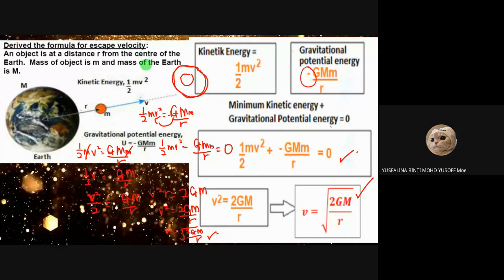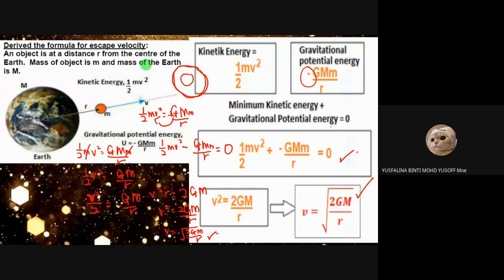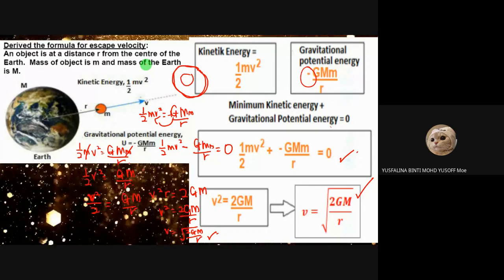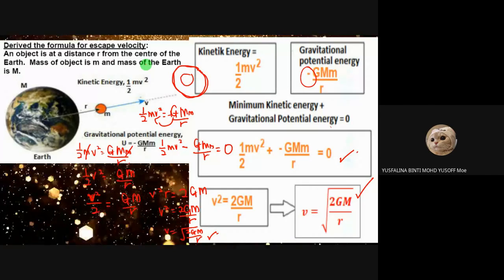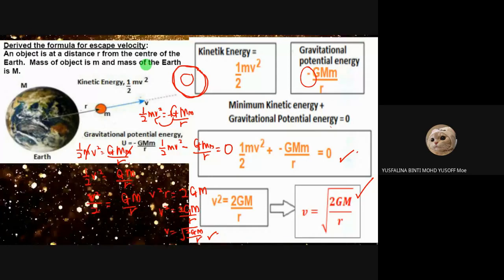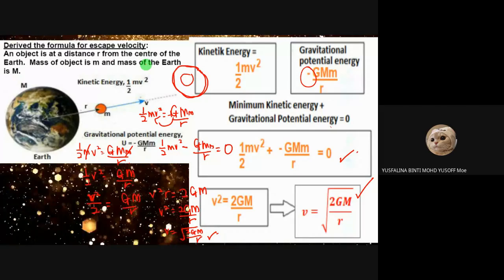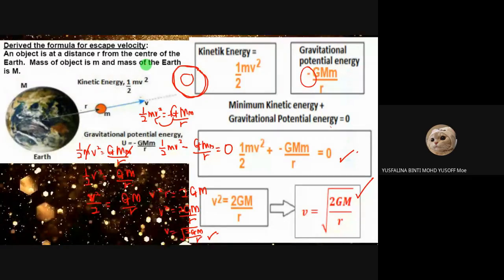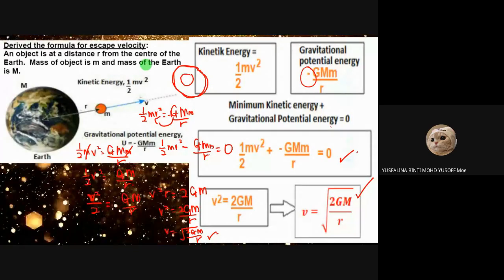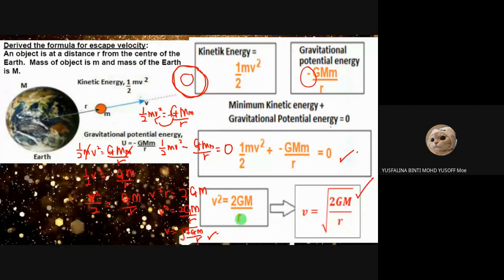You want to calculate what is the velocity needed to be launched to the outer space. The v1 that we learned just now is already orbiting the earth. But for this one, it's still at the surface. You want to launch it, so you have to know the escape velocity. So don't be confused. So this is the escape velocity, and this is the formula.